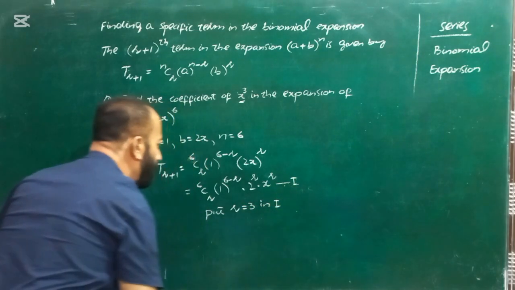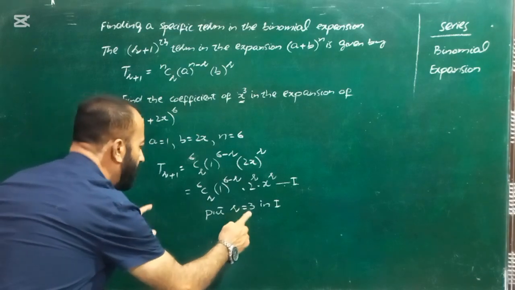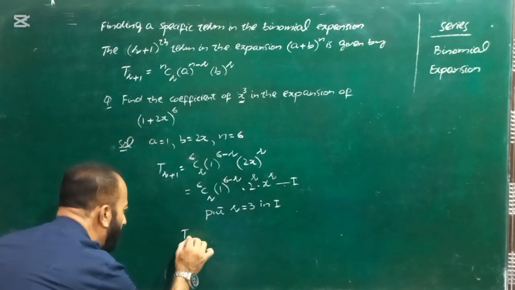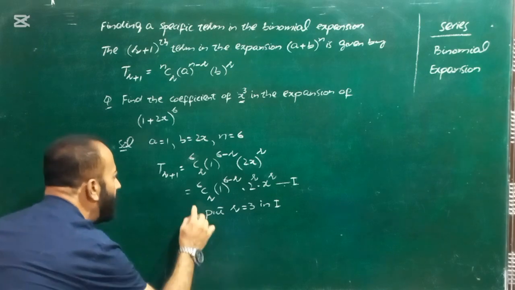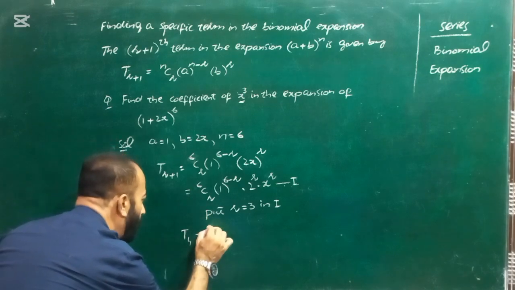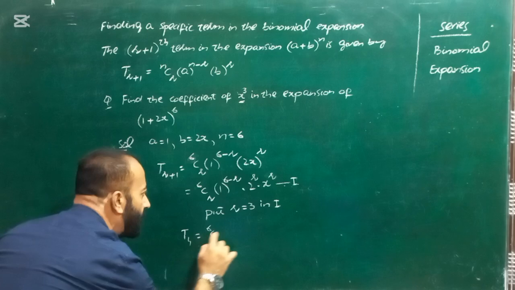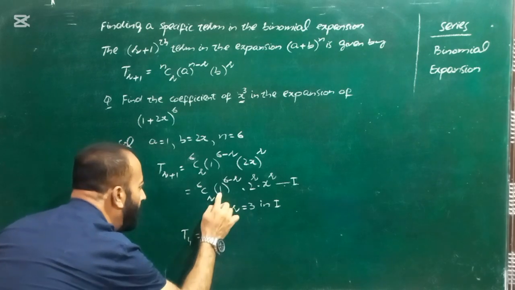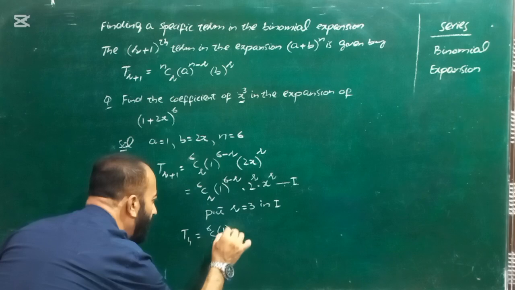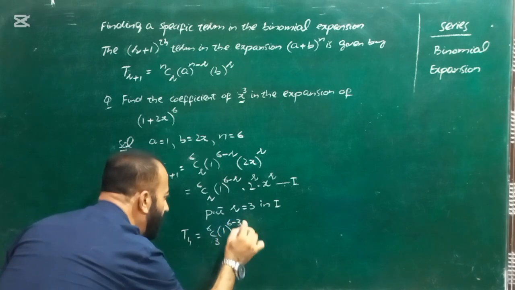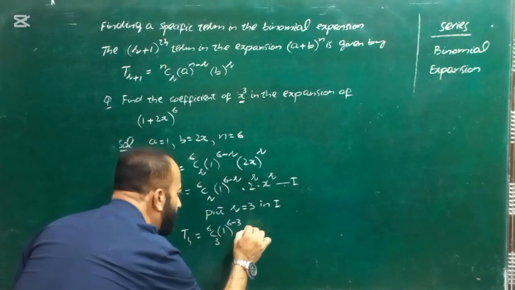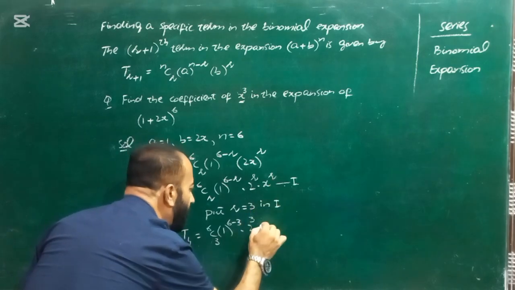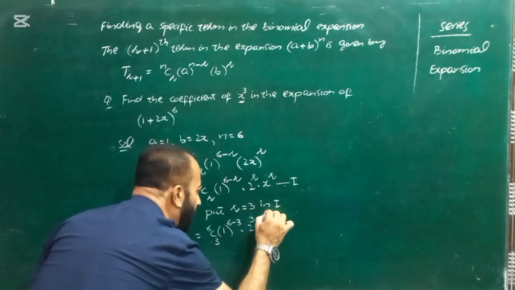So this step will give you the answer. Look now, r is equal to 3, so it will become t4 is equal to 6c3, because r is 3, into 1 raised to power 6 minus 3 into 2 raised to the power 3 and x raised to the power 3.